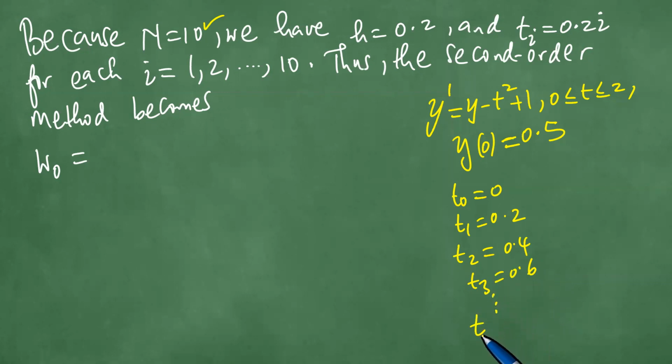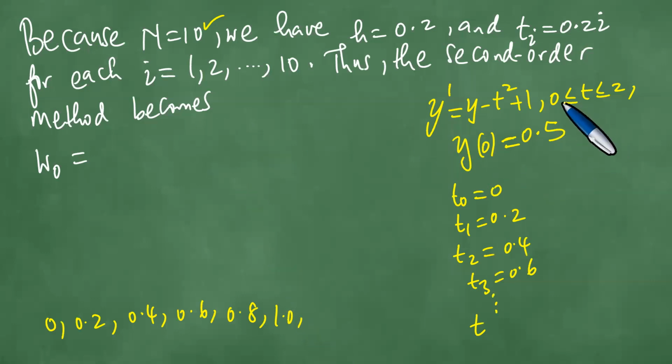And then, I can write it horizontally. 0, then 0.2, then 0.4, 0.6, 0.8, so that you can understand why we use these in the Taylor calculations. So it's 1.0.